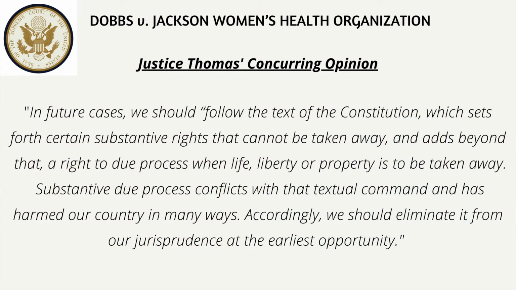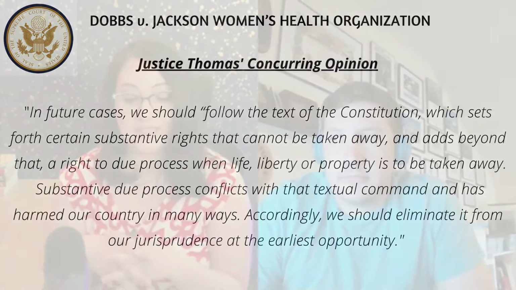And then he goes on to say, in future cases, we should follow the text of the Constitution, which sets forth certain substantive rights that cannot be taken away, and adds beyond that a right to due process when life, liberty, or property is to be taken away. Substantive due process conflicts with that textual command and has harmed our country in many ways. Accordingly, we should eliminate it from our jurisprudence at the earliest opportunity.